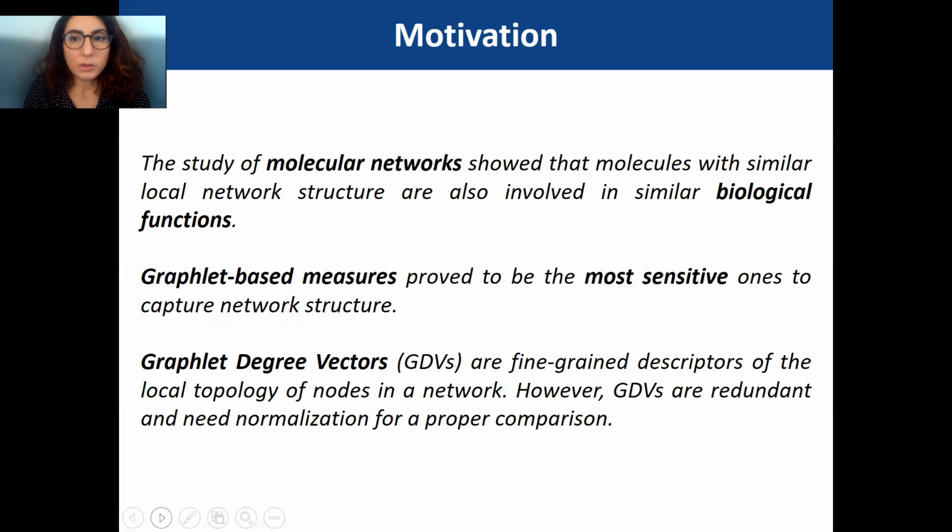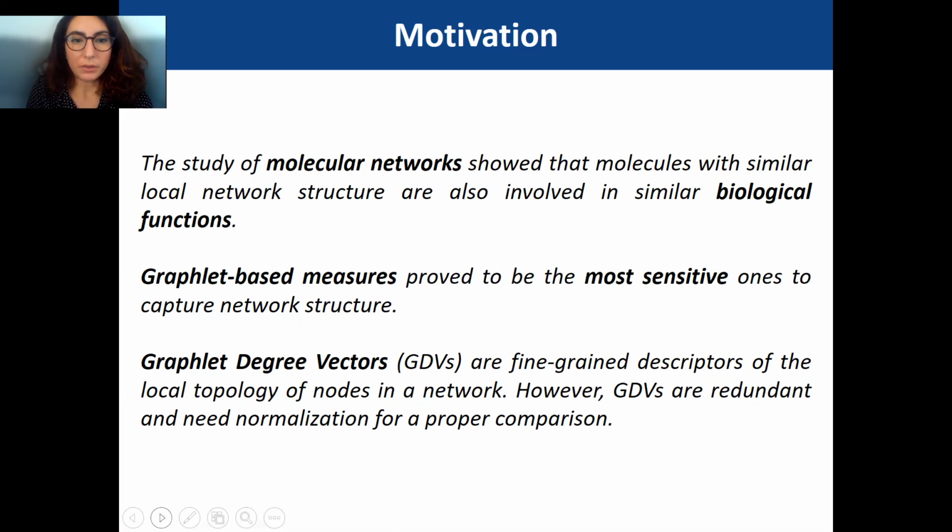So the motivation behind this is that molecules whose local topology is similar also have correlated behavior in their biological functions. And actually, the Graphlet-based measures prove to be the most sensitive to understanding the local topology of networks.